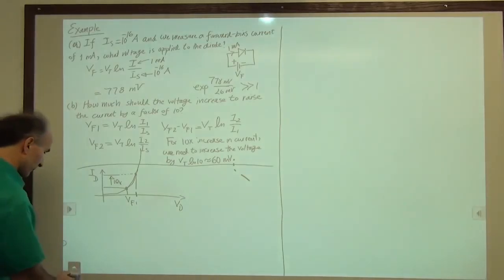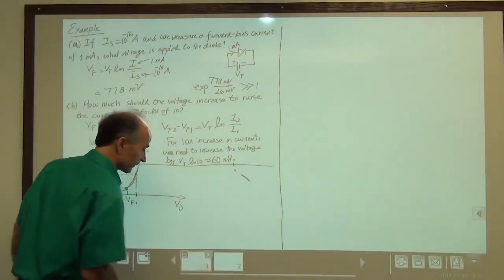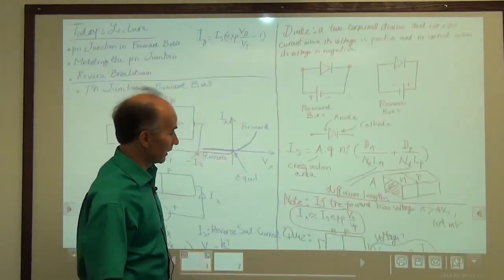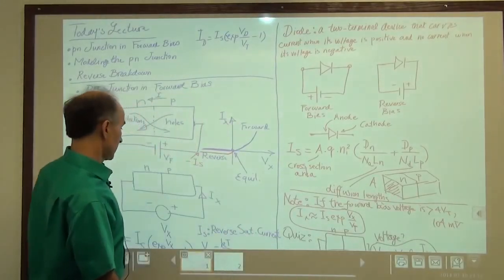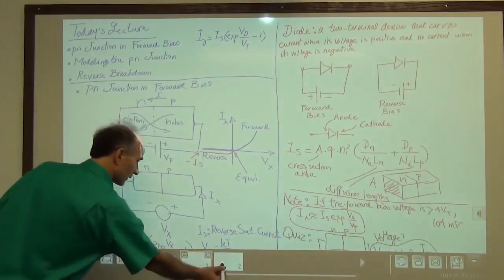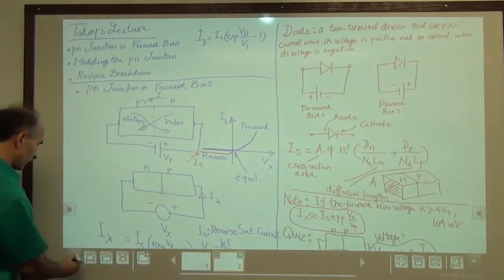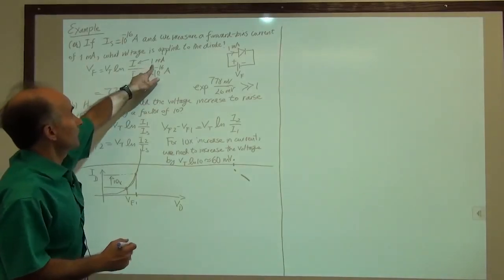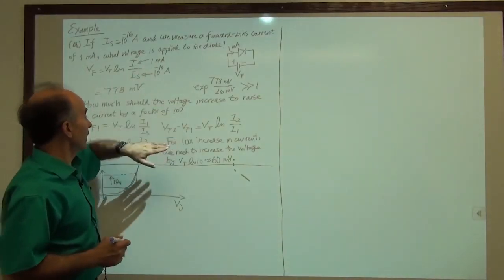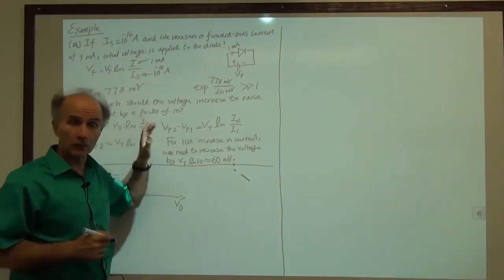So if we go back to previous page, we calculated for typical doping levels the voltage to be, okay, I'm sorry, it's actually this page. We calculated the voltage for typical values of current and IS to be about 778 millivolts.